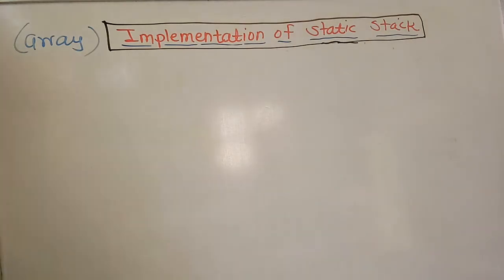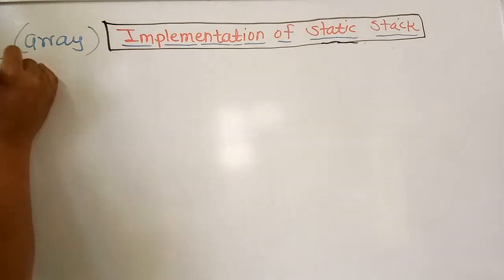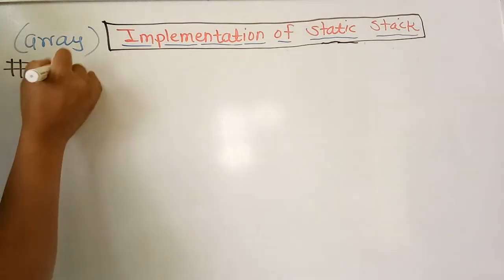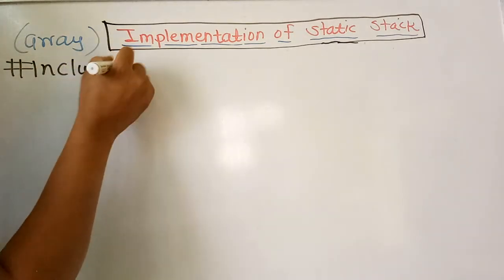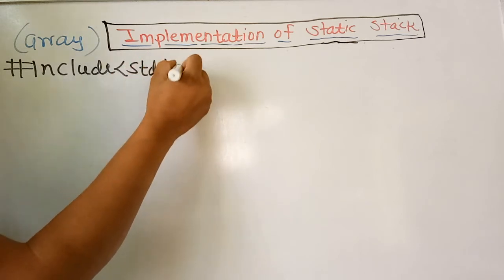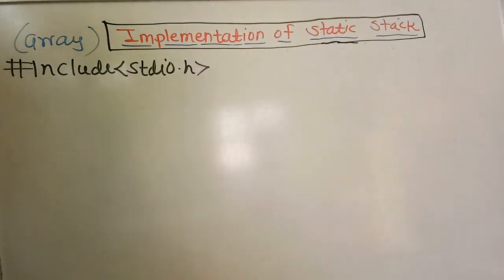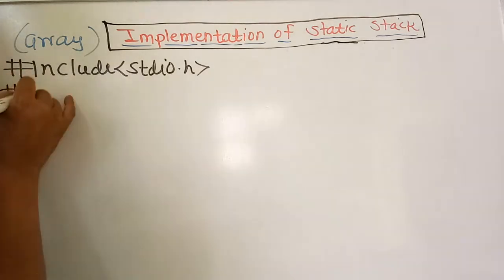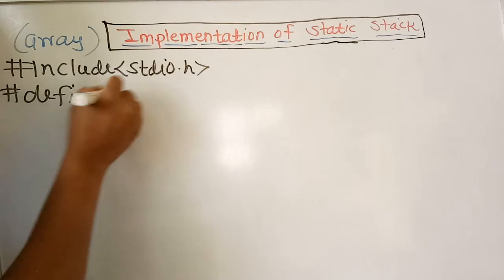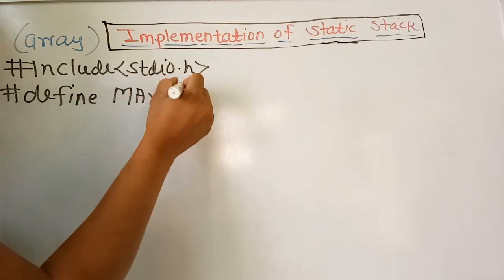For starting a C program, we all know that the start of every C program is from the header file #include <stdio.h>. Then, for taking the elements up to the maximum position, we can declare a macro like #define MAX, and its value is 5.